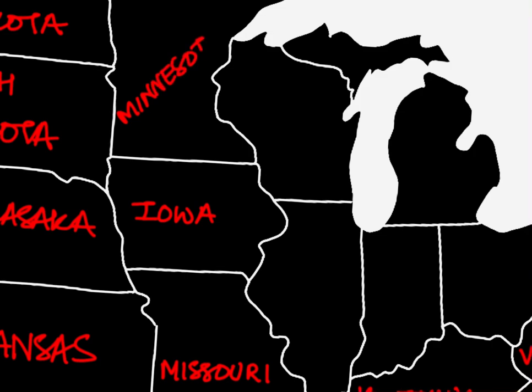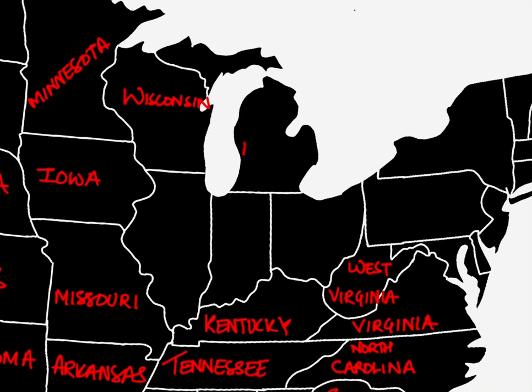Like I said, please pardon me in case I misspell any of them. Now, the state towards the east of Minnesota is Wisconsin. Then we have the state of Michigan.